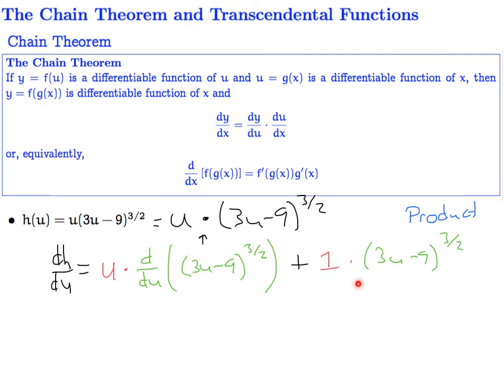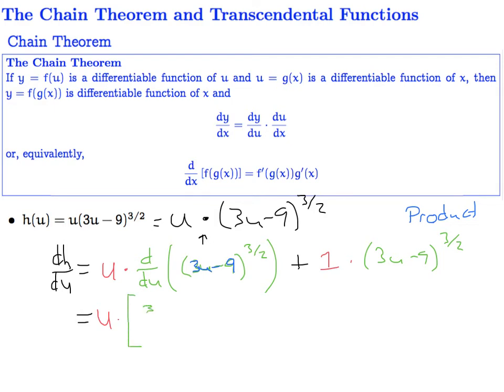This part's done, it's just going to keep along for the ride, but we still need to compute the derivative here. And here we recognize there's an inner function, 3u minus 9, and this outer function of something to the 3 halves. So we'll just write 3u minus 9, our inside function, in blue. So now this is going to equal u times, and here we're going to compute our chain rule.